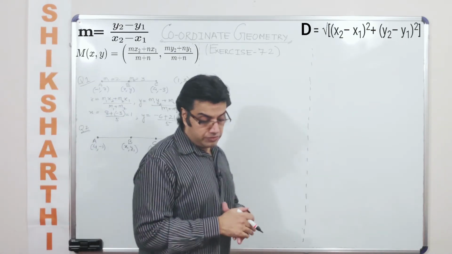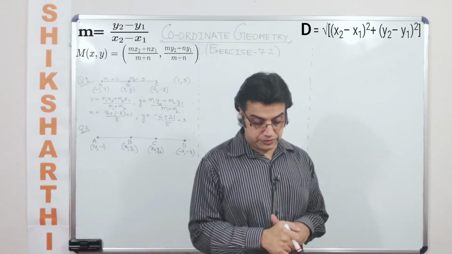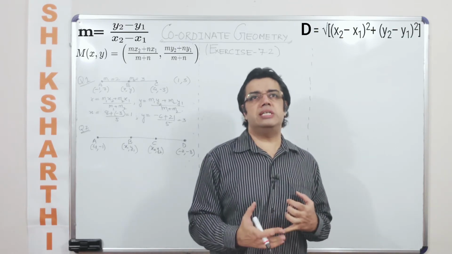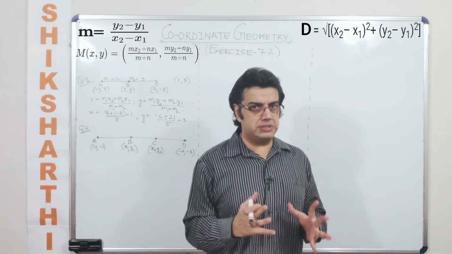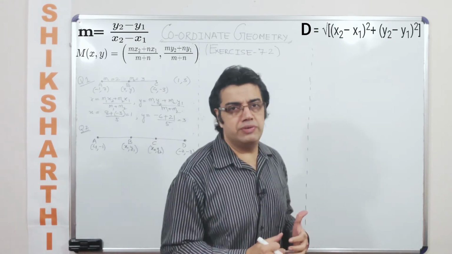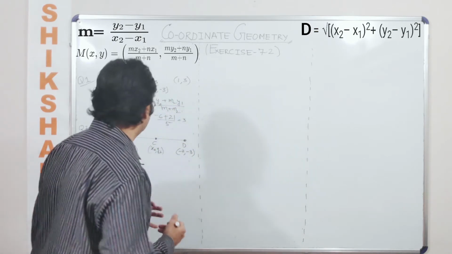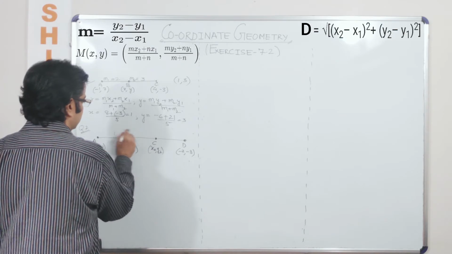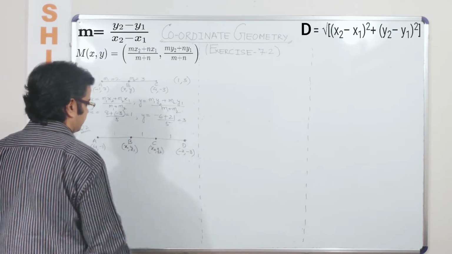Now when you are using a phrase like find the coordinates of the points of trisection of the line, what they intend to convey is that the ratio of these 3 parts is 1:1:1.